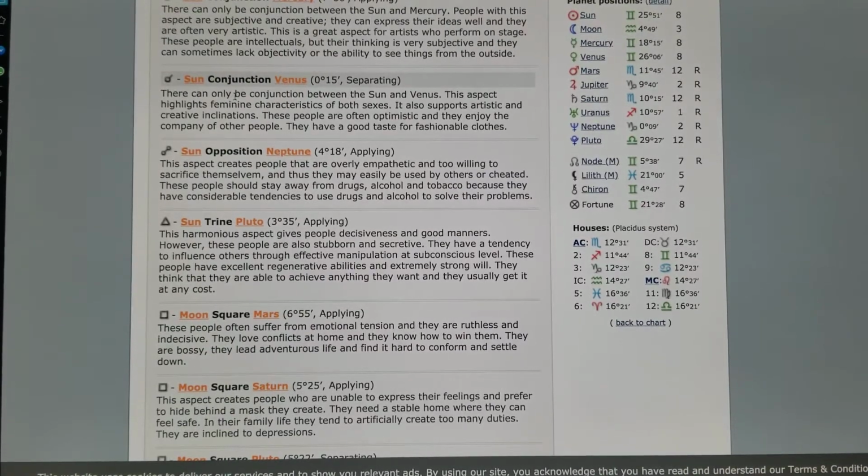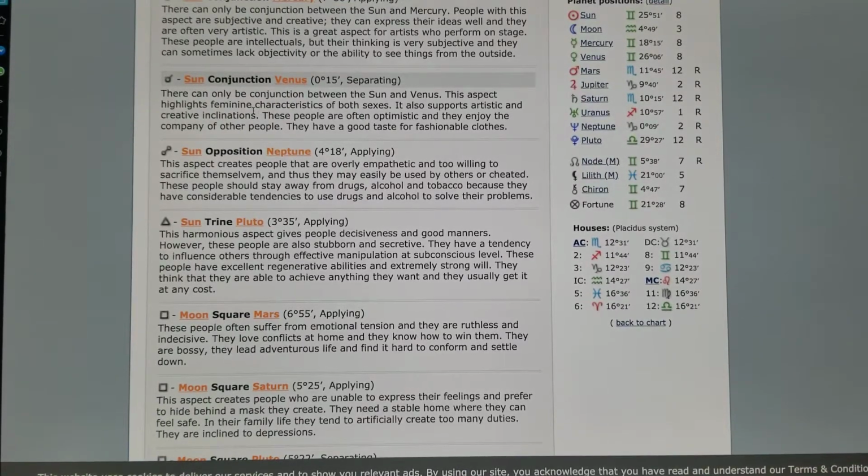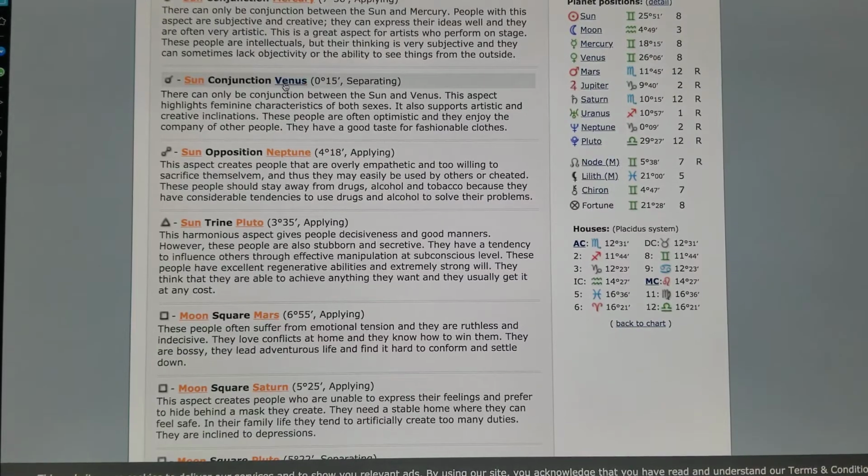There can only be conjunction between the sun and Venus. This aspect highlights feminine characteristics of both sexes. Why? Because Venus is the female planet. Okay, it's feminine. It also supports artistic and creative inclinations. I create music, I create art. All right, it's right there.